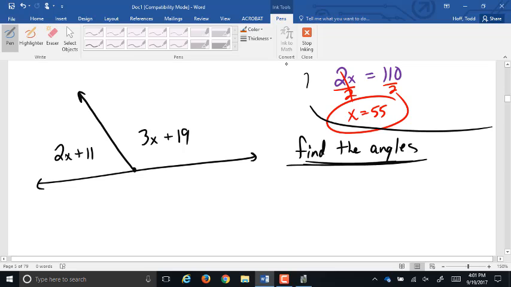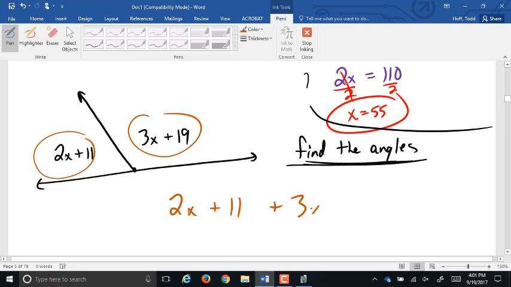What's our relationship here between the two angles? They still add up to 180. Very good. So 2x plus 11 plus 3x plus 19 equals 180.